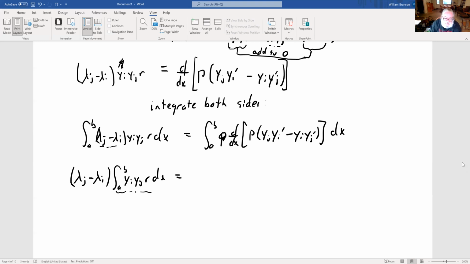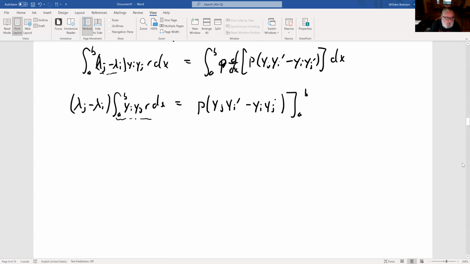This integral is the integral from a to b of a derivative. The fundamental theorem of calculus says that is just whatever the function is. So this is p (yj yi prime minus yi yj prime) evaluated from a to b. Great. So what do we have?